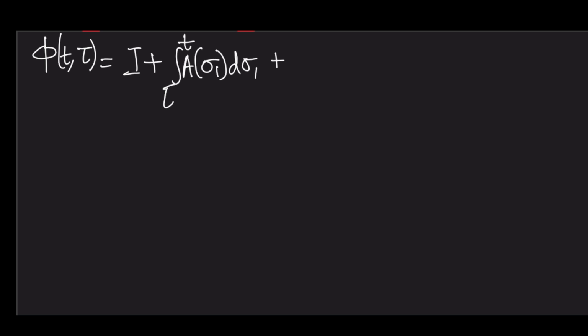I am just changing the variable so that you do not develop any prejudice with any variable. Rather, you should be comfortable with switching variables. What was t naught, now it has become tau.